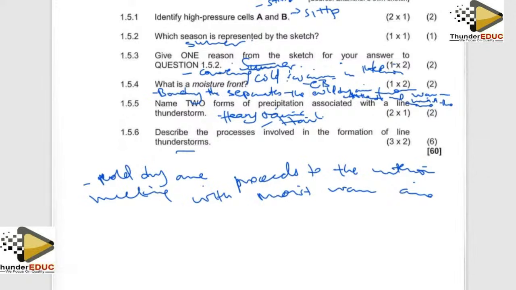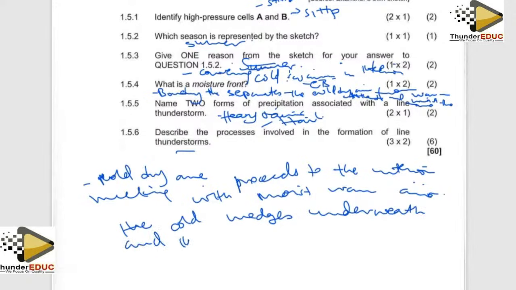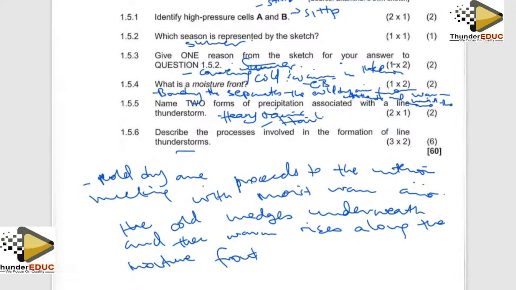Okay, so when it meets with the moist warm air, what happens? The cold air wedges underneath, and the warm air rises along the moisture front, forming a line thunderstorm.